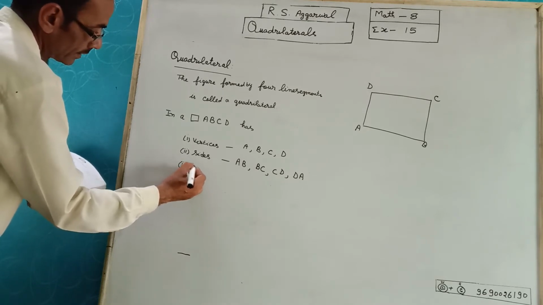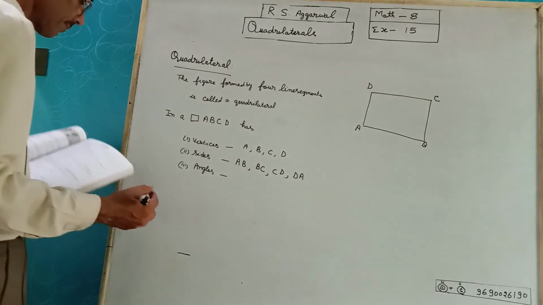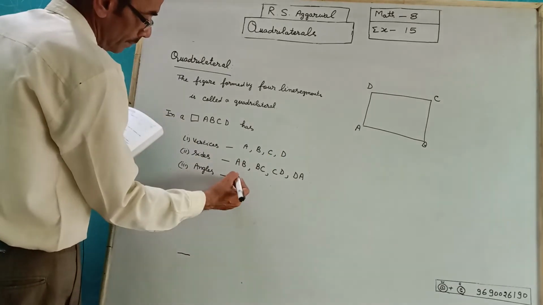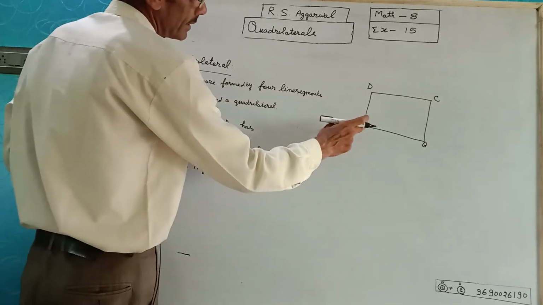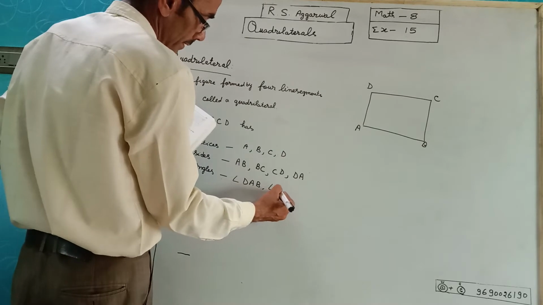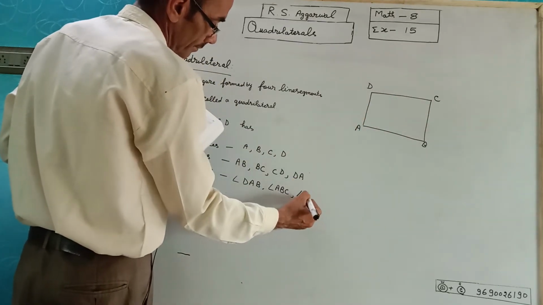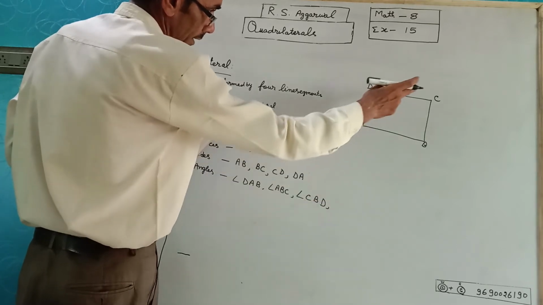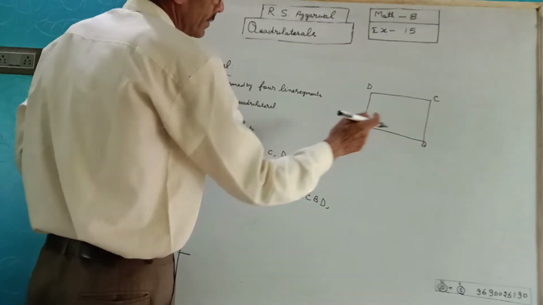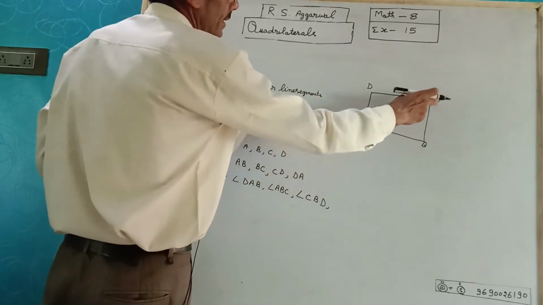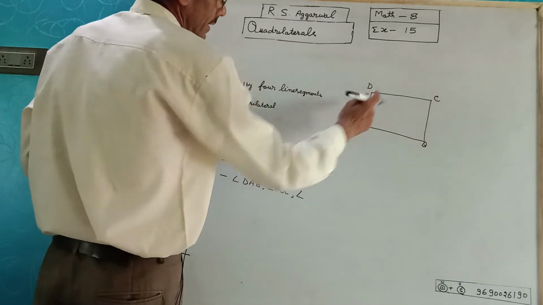Third is angles. The first angle is DAB. Second is ABC. Third angle is BCD.